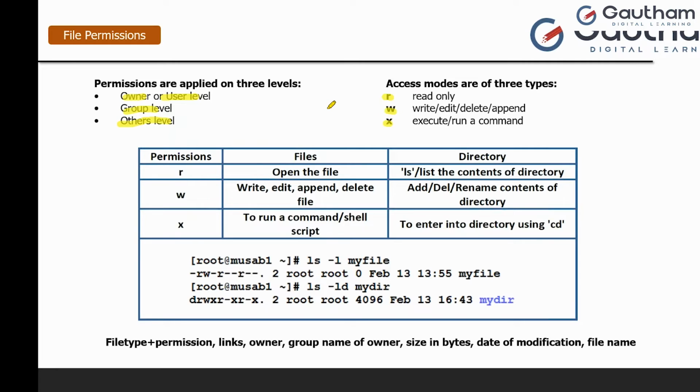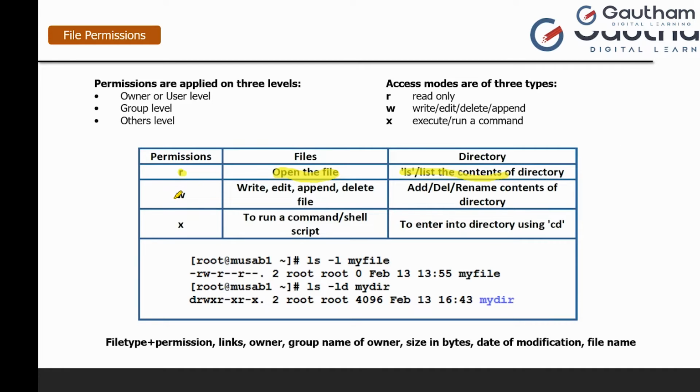Now, what is the effect of read, write, execute on a file and on a directory? If you apply read permission on a file, people can open the file or view the content of the file. Same way, if you apply it on a directory, people can list the content inside the directory. They can see how many files and how many directories are present inside it.